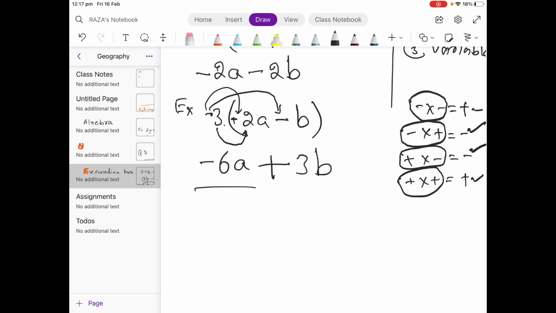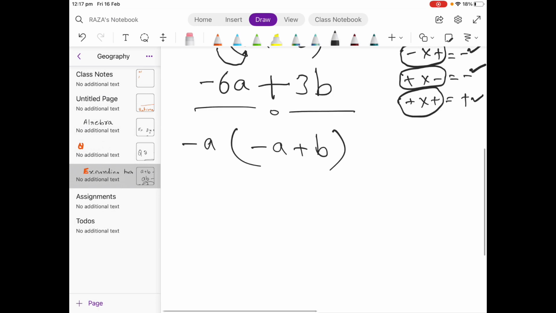Now this is the other example. If I have negative a outside the bracket, and inside we have negative a plus b. Again in this example, we apply the sign first. Negative with negative turns positive.